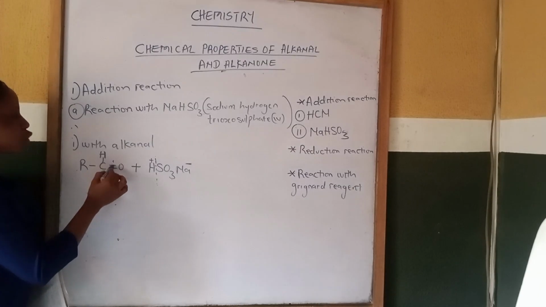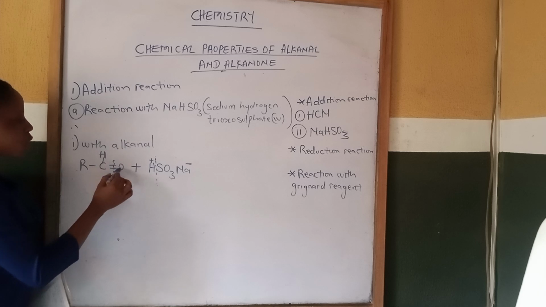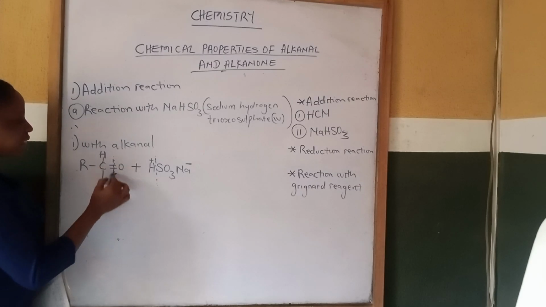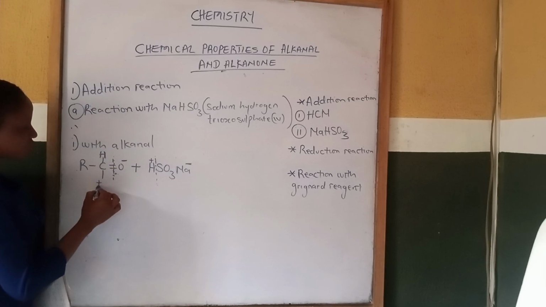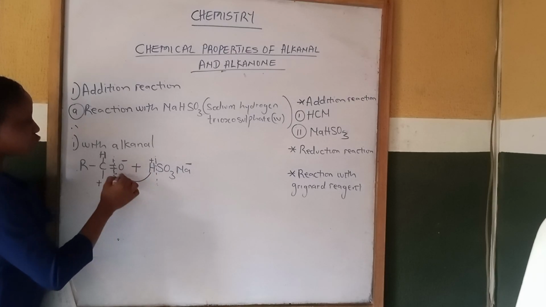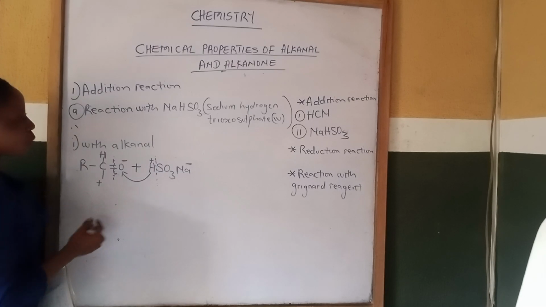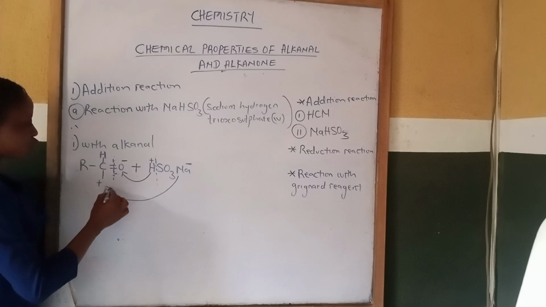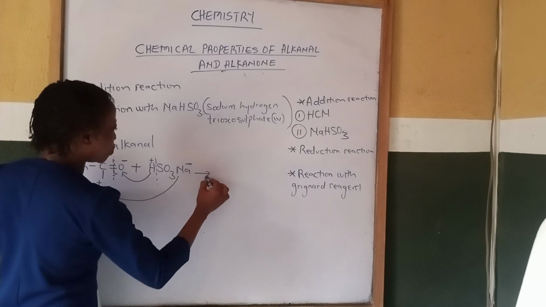Then the double bond will break, and one of the bonds will come down. At this side now, oxygen is negative, while this side is positive. The positive will react with the negative, while the negative will react with the positive.